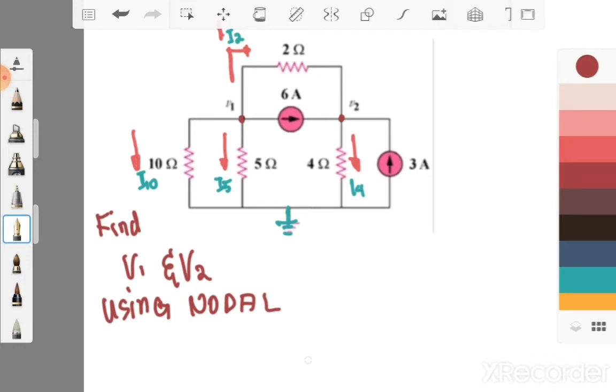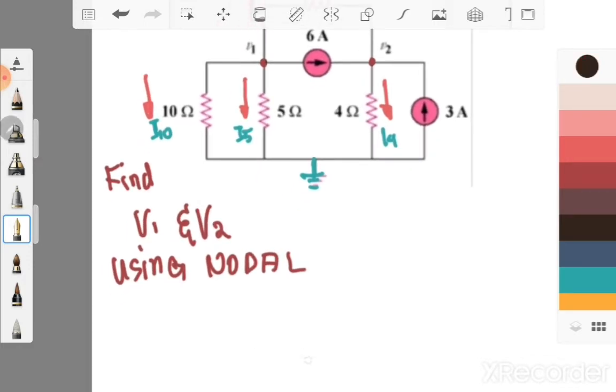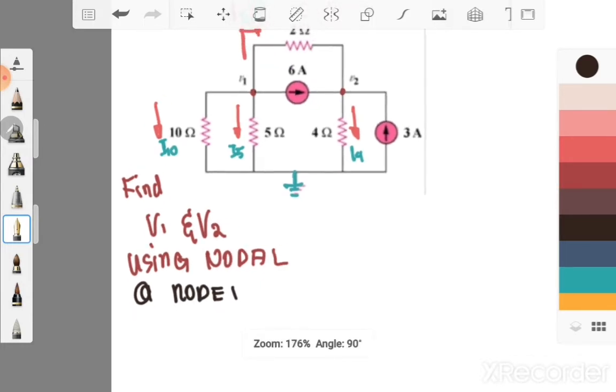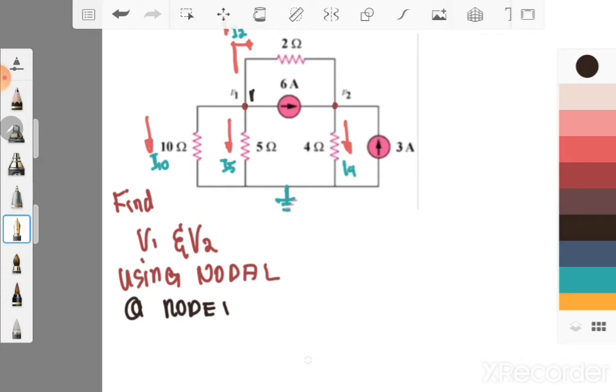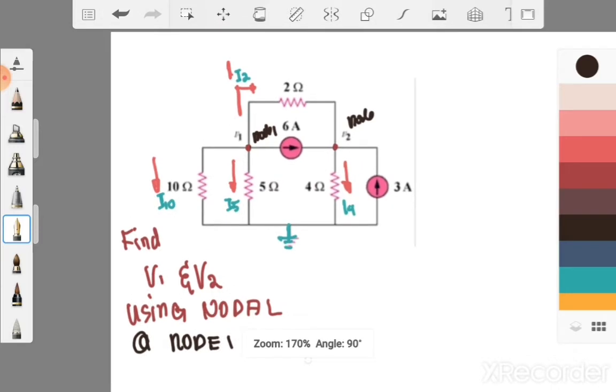Okay. At node 1. Right? So, let's say, this will be node 1. And this will be your node 2 at V2. Right? So, what are the currents entering and leaving your node 1? Ito nakakalito to.